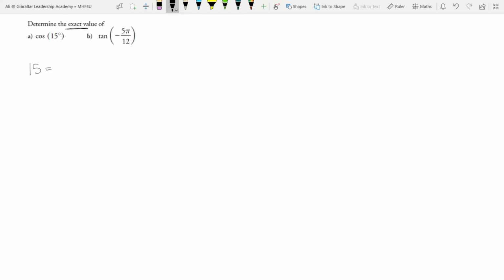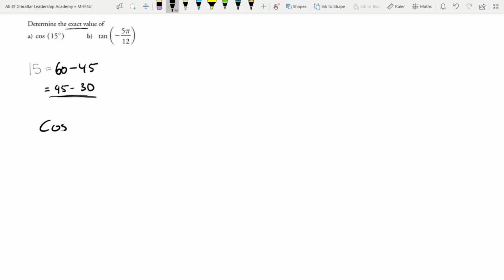Well, there are a lot of different ways. I can do 60 minus 45. I can do 45 minus 30. There are a lot of different ways to get to 15 degrees. We can choose either of these and just start. So let's go with 45 minus 30.